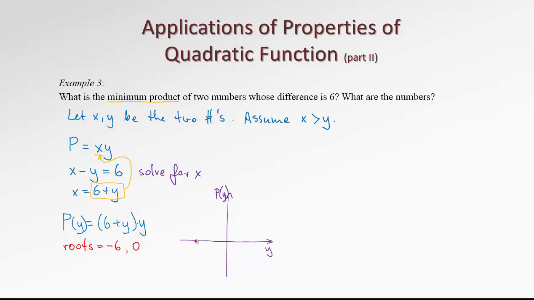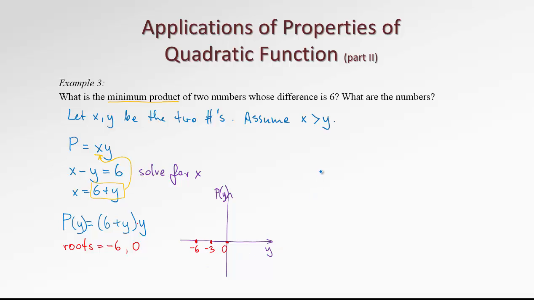Let's plot them. Let's say -6 is somewhere there and 0 over here, right? So those are the two points that belong to our parabola. Since the leading coefficient, the coefficient by y squared, is positive, the parabola will have arms up. That means that its vertex will happen exactly halfway between these two roots, that is, at the point -3.